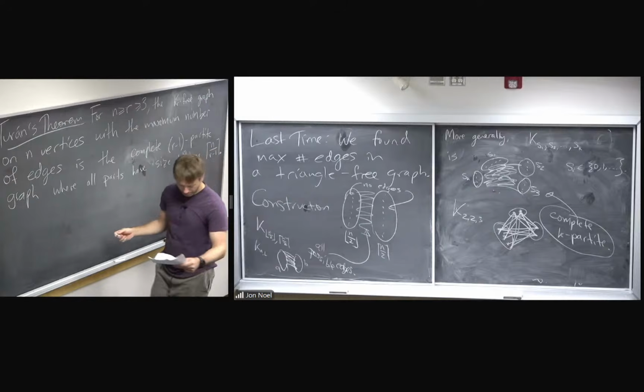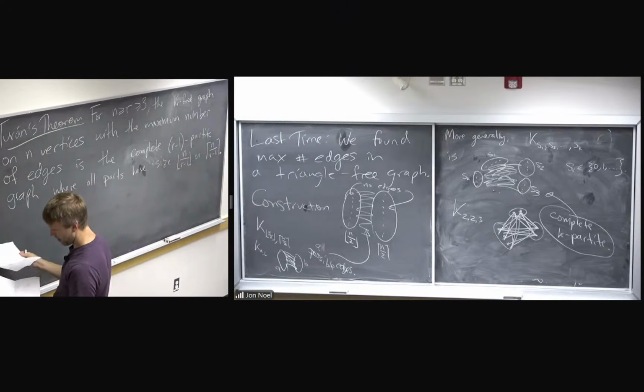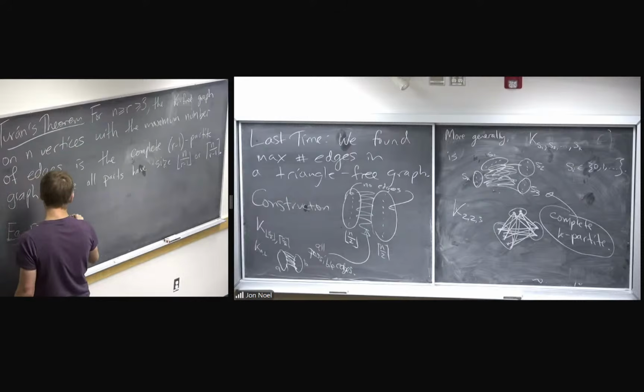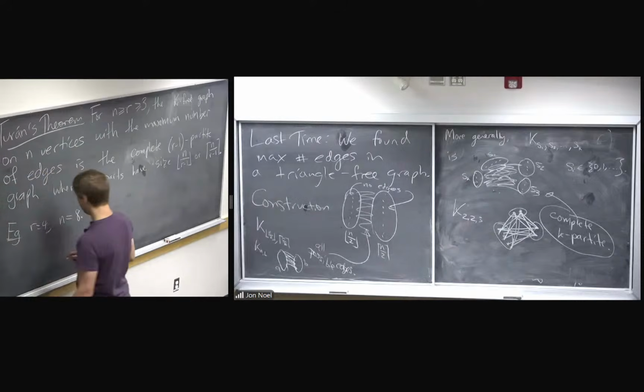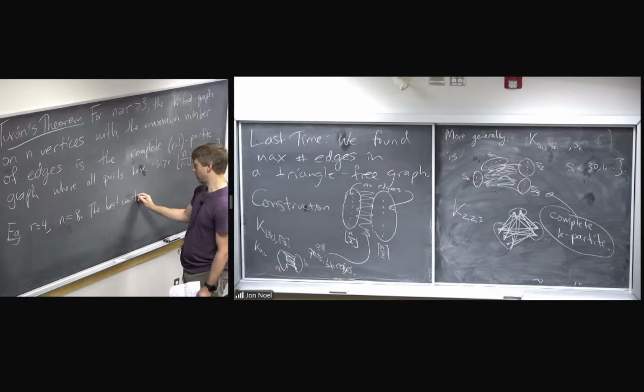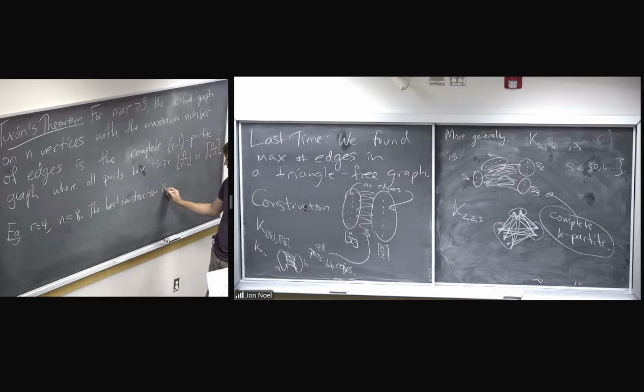So as an example, if r was 4 and n was 8 or something, then the best construction is going to be K_{2,3,3}, right? So basically you try to divide everything as evenly as possible, but you can't, so you just compromise, and some parts have size 2, some have size 3, right?